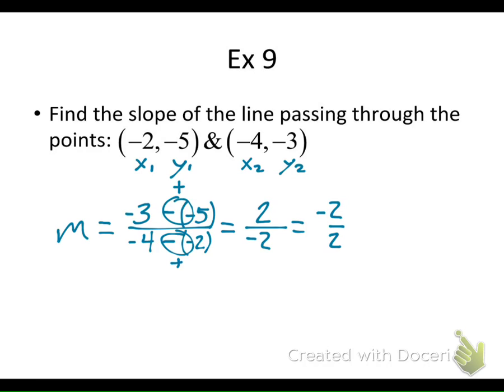But this is not simplified. So I'm going to divide the top and bottom by itself, and it's going to be -1. Now you can write -1 over 1, or you can write -1, but I would leave it as a fraction so that you know which direction you're going each time. So if you ever have a negative in your slope, make sure it's on top. Morgan said you can simplify it down to -1.